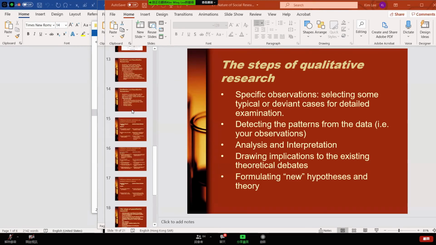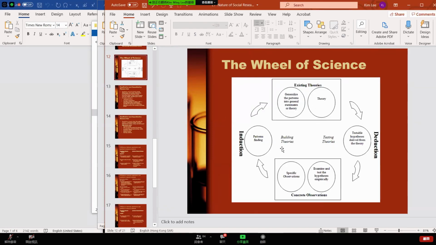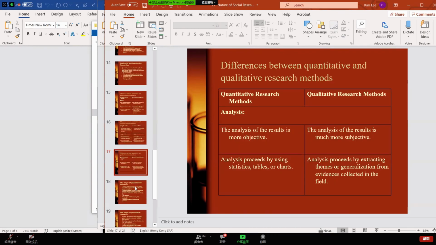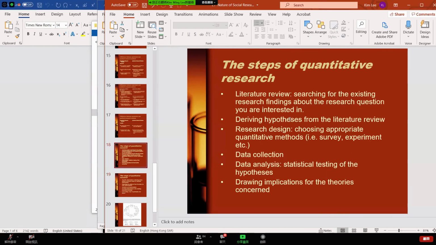So when we go back to the cycle here, so you can see that this is qualitative research. Pattern finding something, you try to modify existing theory. So the end product of qualitative research is formulating new hypothesis and theory. And the end product of quantitative research is theory testing.